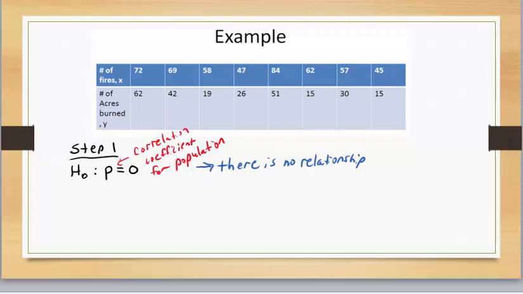Okay, so our second hypothesis, and again, remember that we're going to have 2, is what we call the alternate hypothesis. It's going to be H1, and it is always going to look like this, which basically says that the correlation coefficient is not equal to 0. And if it's not equal to 0, then that means that there is some sort of relationship existing between the two variables.